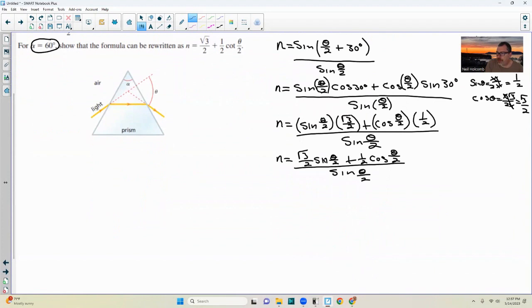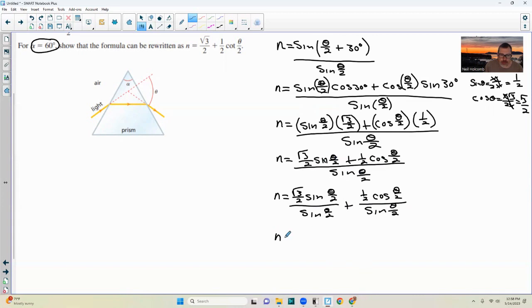Now I can split this up and say n equals the square root of 3 over 2 sine of theta over 2 over sine of theta over 2, plus 1/2 cosine theta over 2, all over sine of theta over 2. All I did here was separate the two fractions out, giving the same denominator.